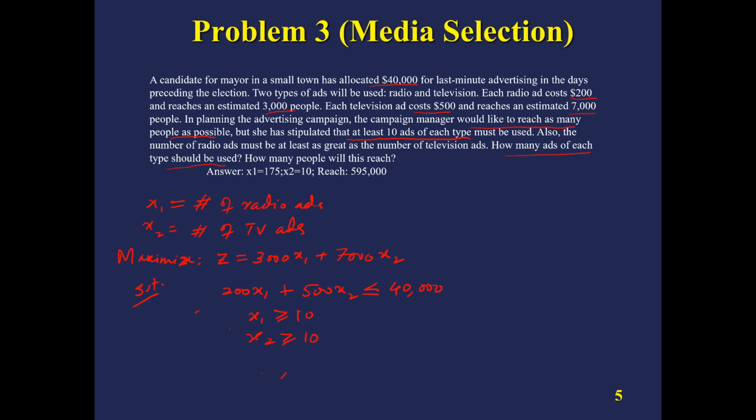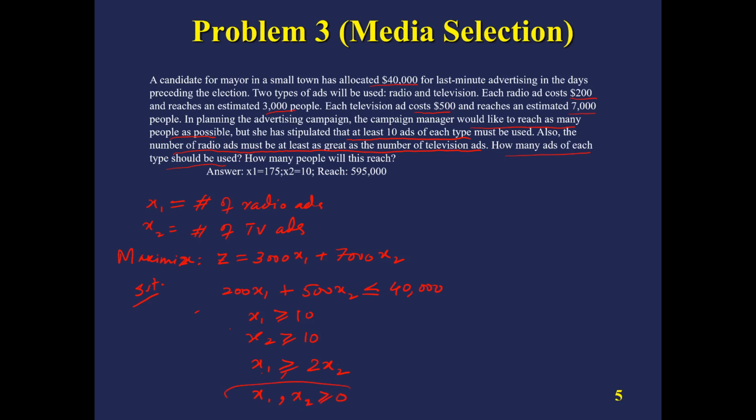Another constraint is that the number of radio ads must be at least as great as the number of television ads. So we can say that x1 should be greater or equal to 2x2. There is no other constraint here. Then we just write down the x1 and x2 are greater or equal to 0.